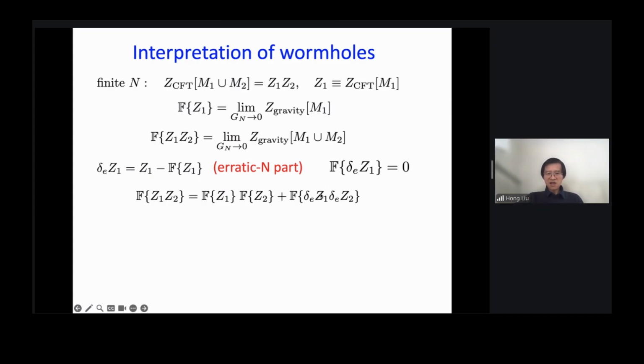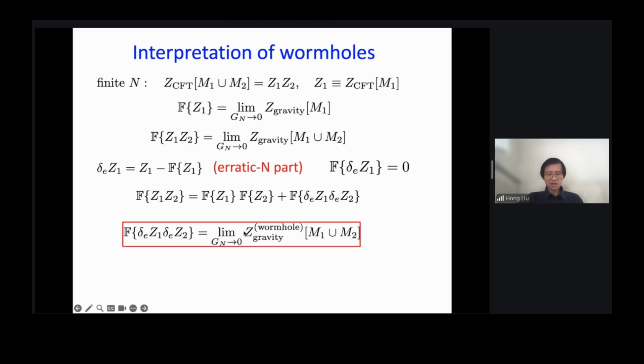So the key thing is that the product of the erratic parts can in principle generate a smooth part. Now when we do the average on Z1 times Z2, we have this factorized part corresponding to the disjoint partition function on the gravity side, but you can also have this non-factorized part. We equate the non-factorized part on the left-hand side with the non-factorized part on the right-hand side, and identify this quantity with the wormhole contribution on the gravity side.